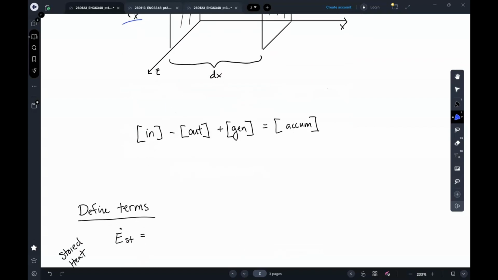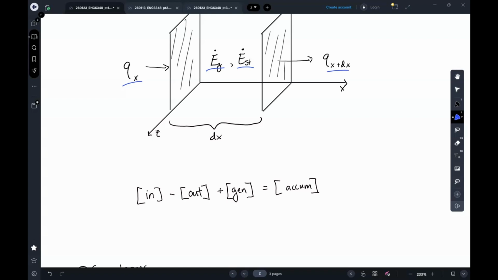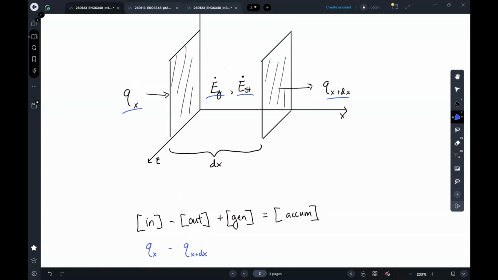So our basic heat balance is in minus out plus generation equals accumulation. And this is fairly straightforward. So let's just plug things in. This would be the heat coming in, that's Qx, minus the heat coming out. We're calling that Qx plus dx. What that notation means is x means we're coming in at this side, which is at position x.